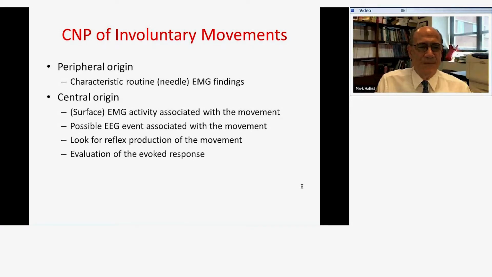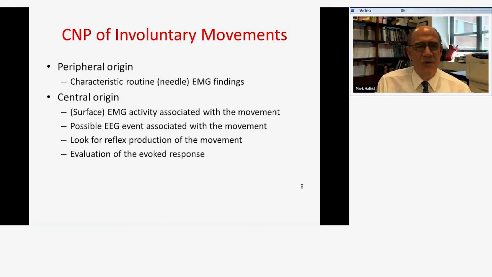Now, in terms of twitching movement, one can think of a variety of movements that arise in the periphery, such as hemifacial spasm, fasciculations, and these are twitches that arise because of peripheral problems of various kinds.